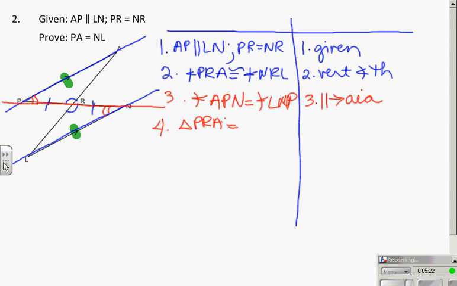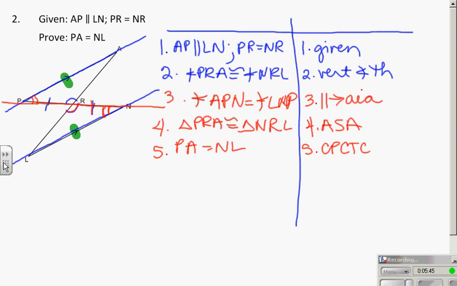I know now that triangle PRA is congruent to triangle N, R corresponds with itself, L with A. That is by angle, side, angle. I know two angles and the included side. And then PA is equal to NL by CPCTC.